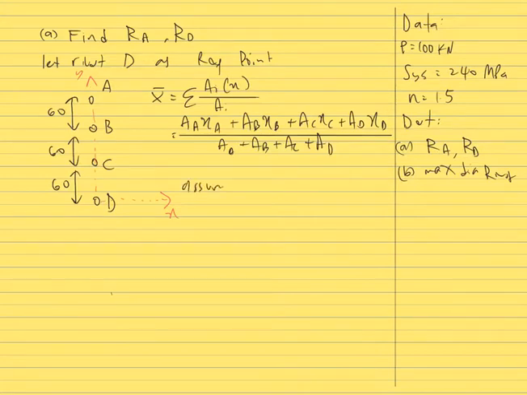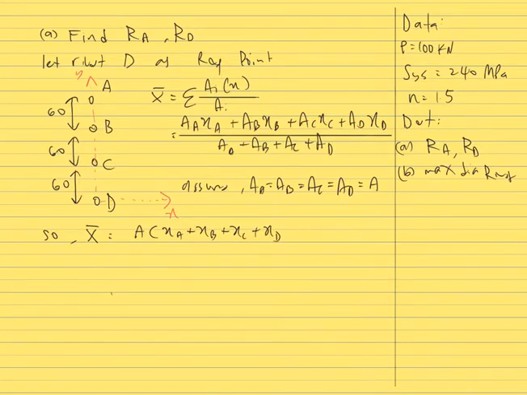Let's assume that the cross-sectional area of rivets A, B, C and D is all the same, so we can call all of them A. The coordinate x bar for the centroid on the x-axis is equal to A times (XA plus XB plus XC plus XD), divided by 4A, and A can be cancelled out.